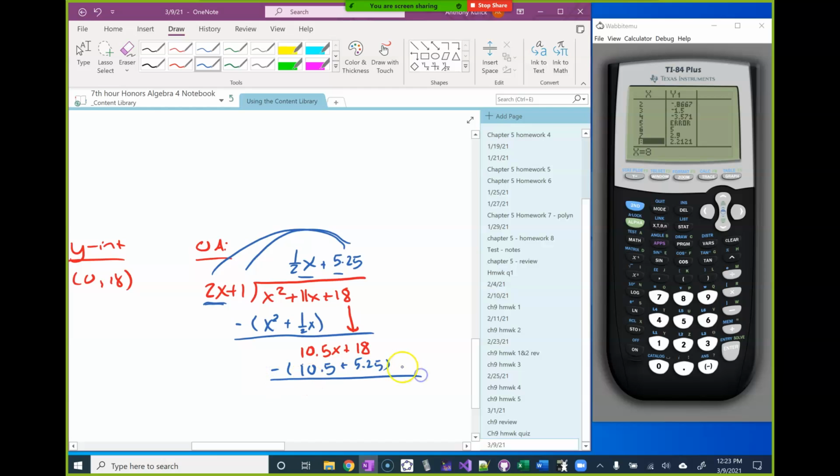Now the remainder I don't give two hoots about. That doesn't tell me anything. What I care about is the quotient. Because that's going to be my slant asymptote.